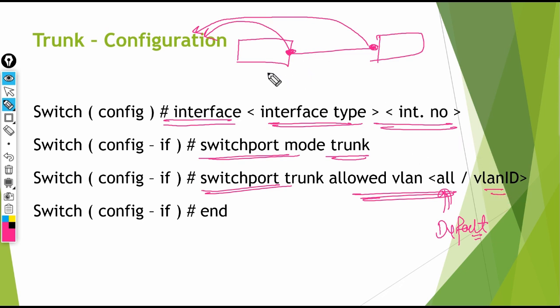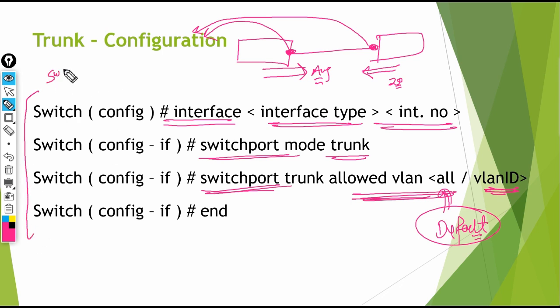For example, by default, any VLAN traffic can pass through this link, and through this link also any VLAN traffic can pass. But if you want to say that you pass just a specific VLAN 20 traffic, that is also possible. That's what switchport trunk allowed vlan is for; all is the default. If you want, you can specify which VLAN traffic to carry here. This is the configuration. Make sure you perform this configuration on the switch 1 trunk link as well as the switch 2 trunk link.